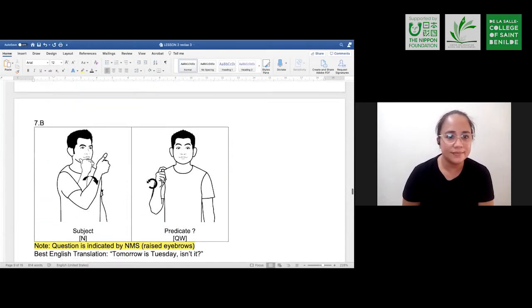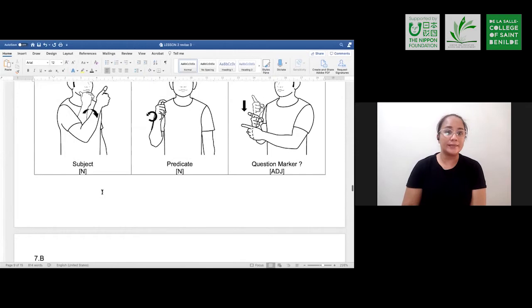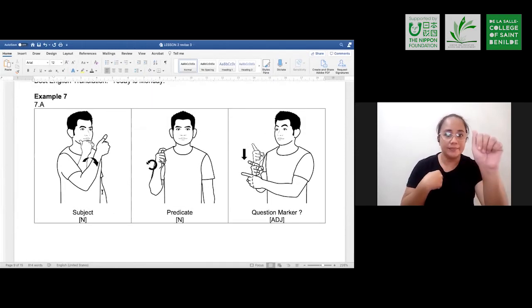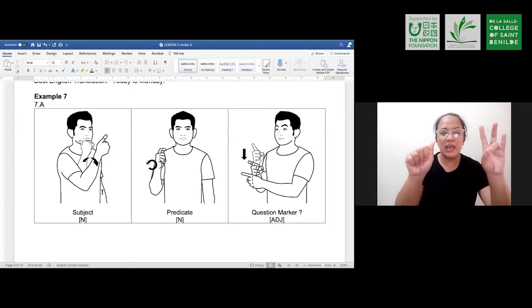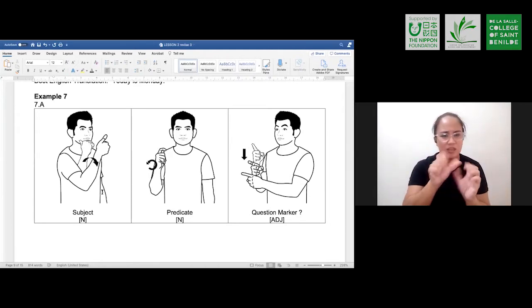Yes, okay. Now, I go back up to A. I think it's better not to include 7A and 7B together, because I think there may be slightly different meaning.